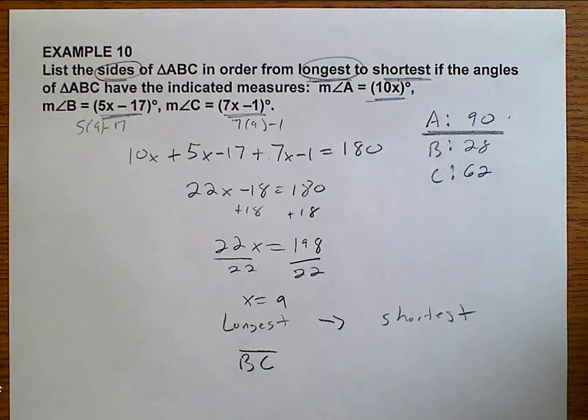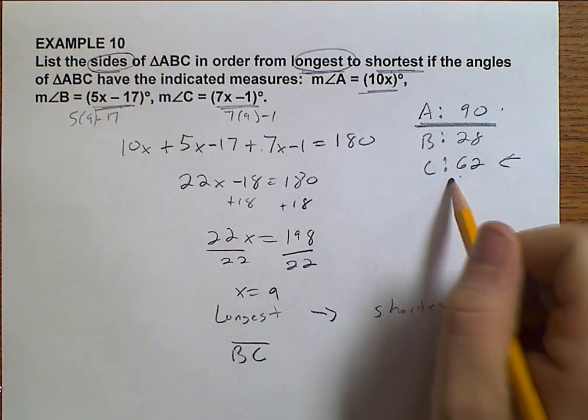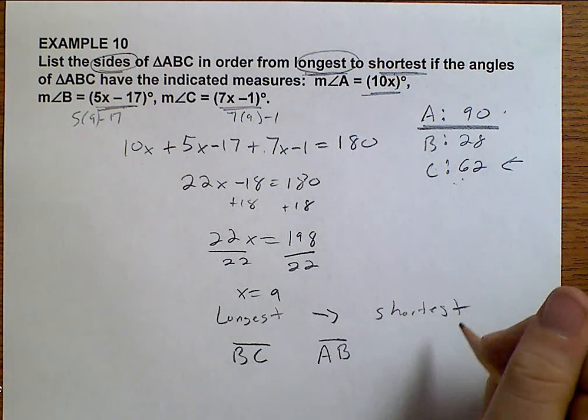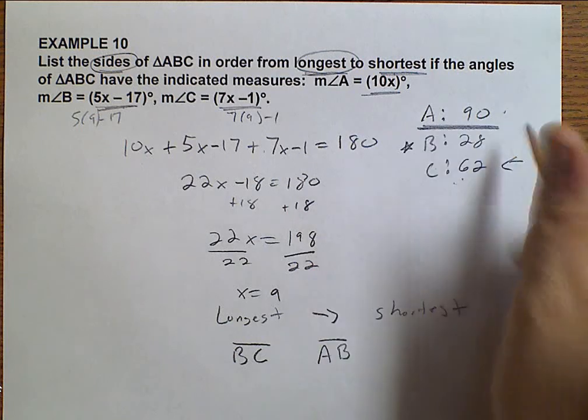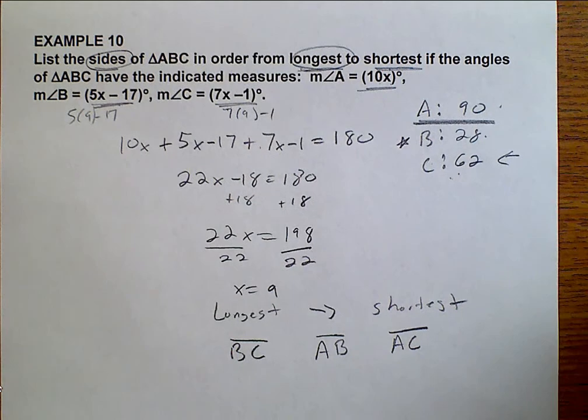Next, my middle is that one. So not C, we're talking AB. And then our smallest is not B, so it would be AC.